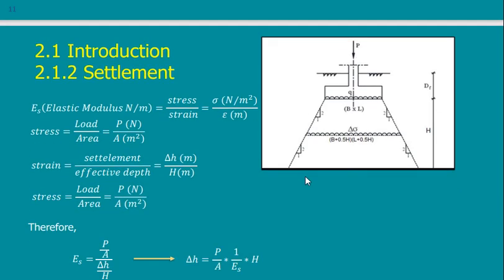So I have here, as we said in the start of the lecture, to study two things: bearing capacity and settlement. Before we go here, we need to give a small introduction. At the beginning, they were calculating the bearing capacity.